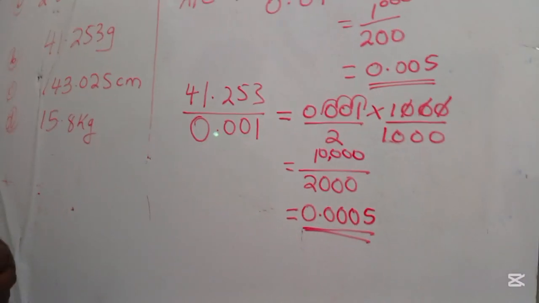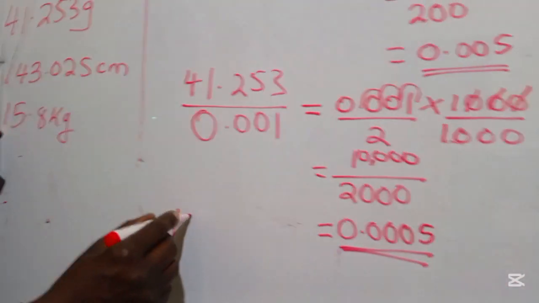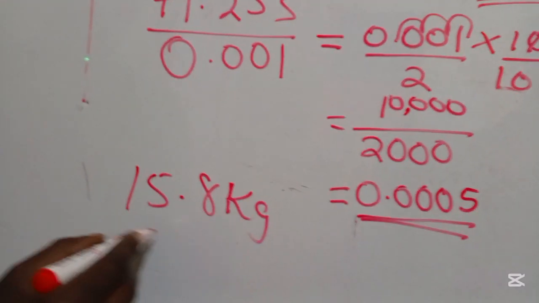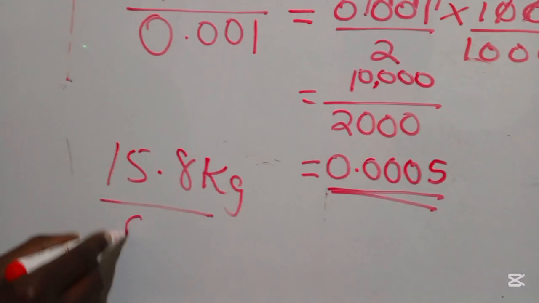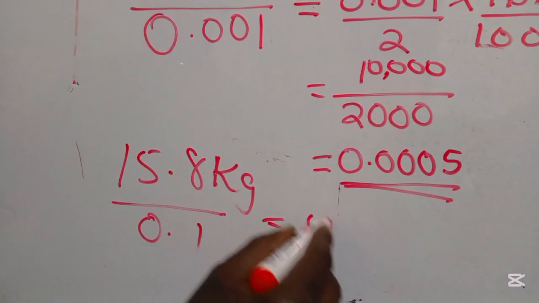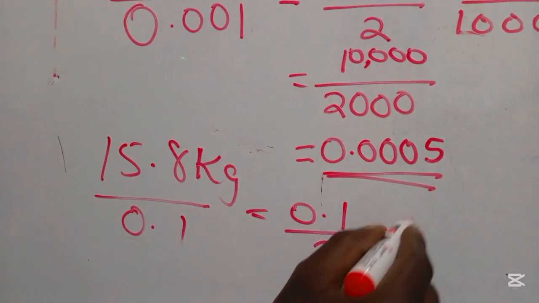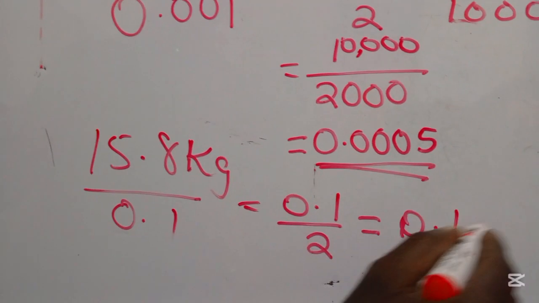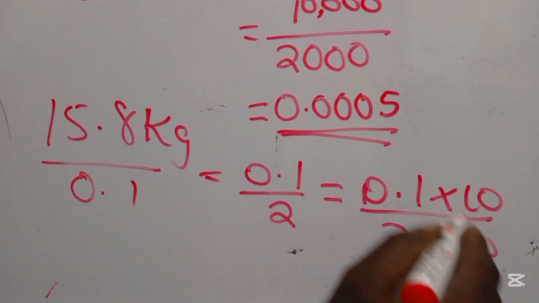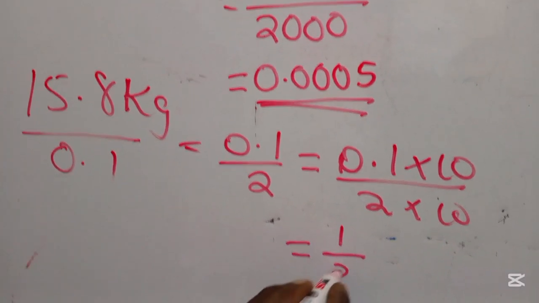Thank you. But before I say maybe we end, let me take this one. How do I find the absolute error for this one? Forget about the units, just take the whole part. Then this one. My tolerance is 0.1 divided by 2. I told you that I should multiply by 10, and 2 times 10, so that the numerator becomes a whole number and the denominator also becomes a whole number.